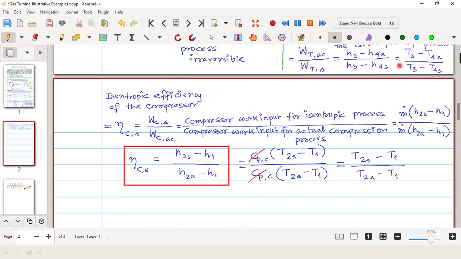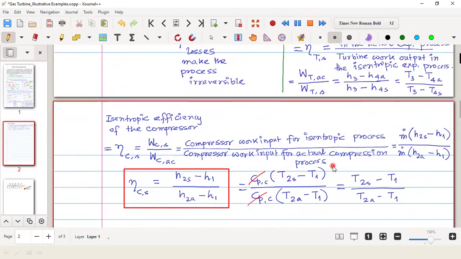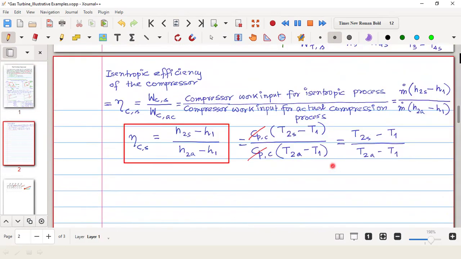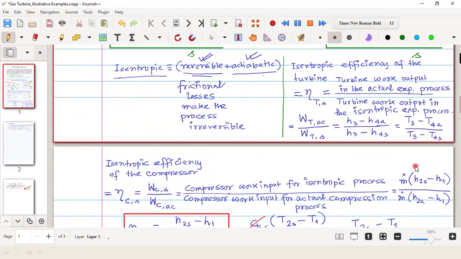So let us name this as equation 1, this we may write as equation 2, and this we may write as equation 3.